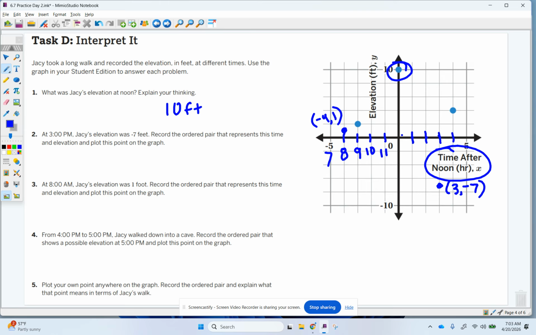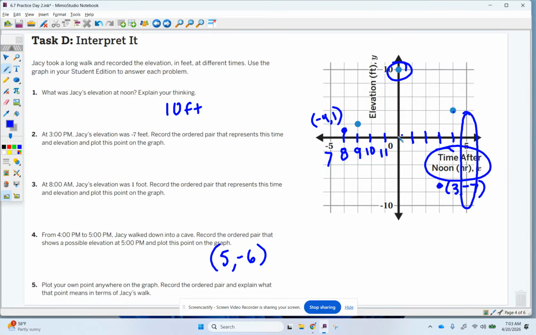And then from 4 to 5 p.m., he walked down into a cave. So here he is at 4. And so at 5 p.m., he could walk down. He could be at any of those points. And so I wrote like 5, -6. And then you pick a point anywhere.